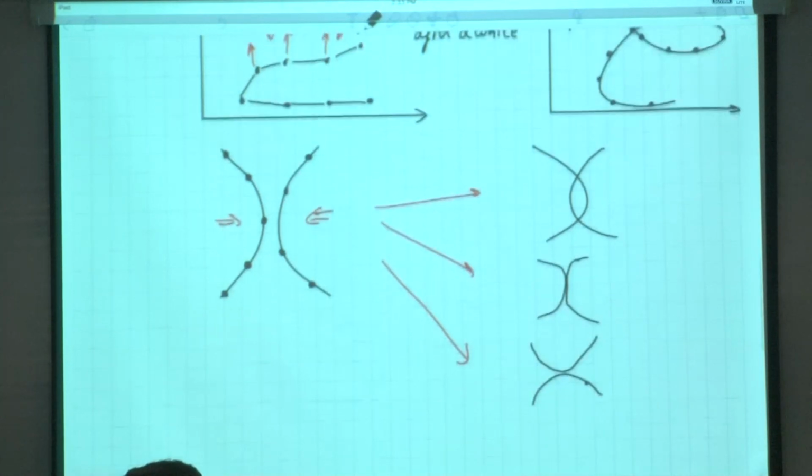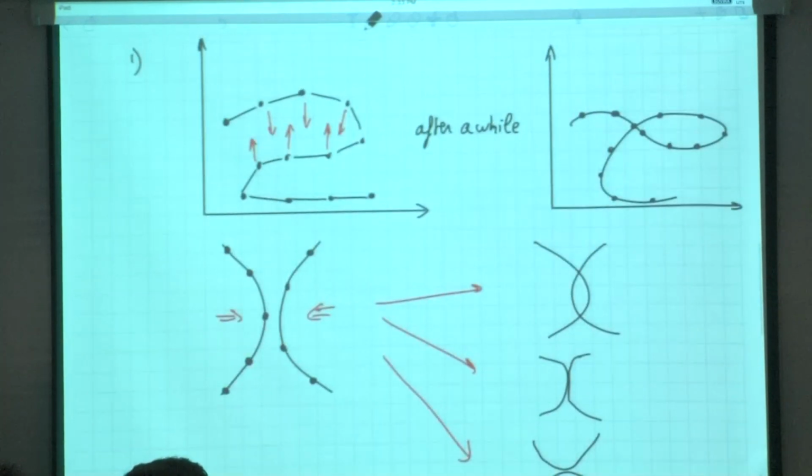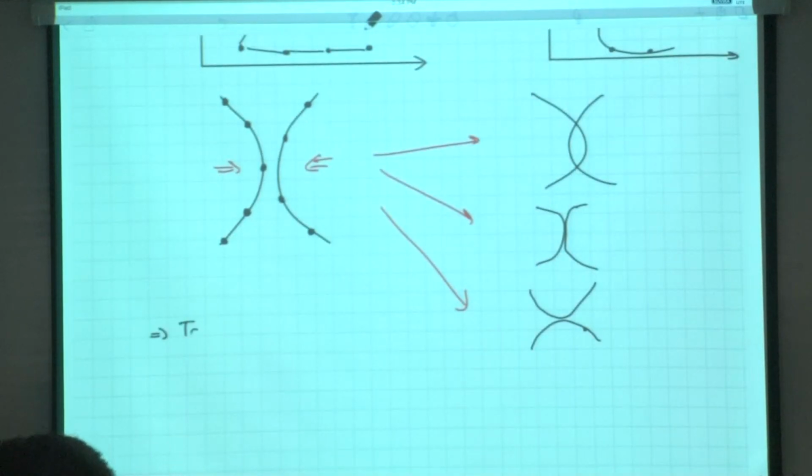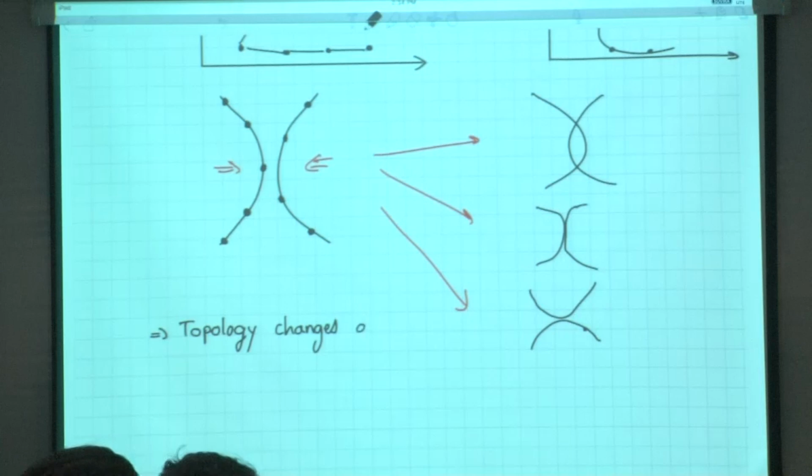Okay, so any type of topology change, so this is essentially a statement about topology, changes are an enormous challenge.